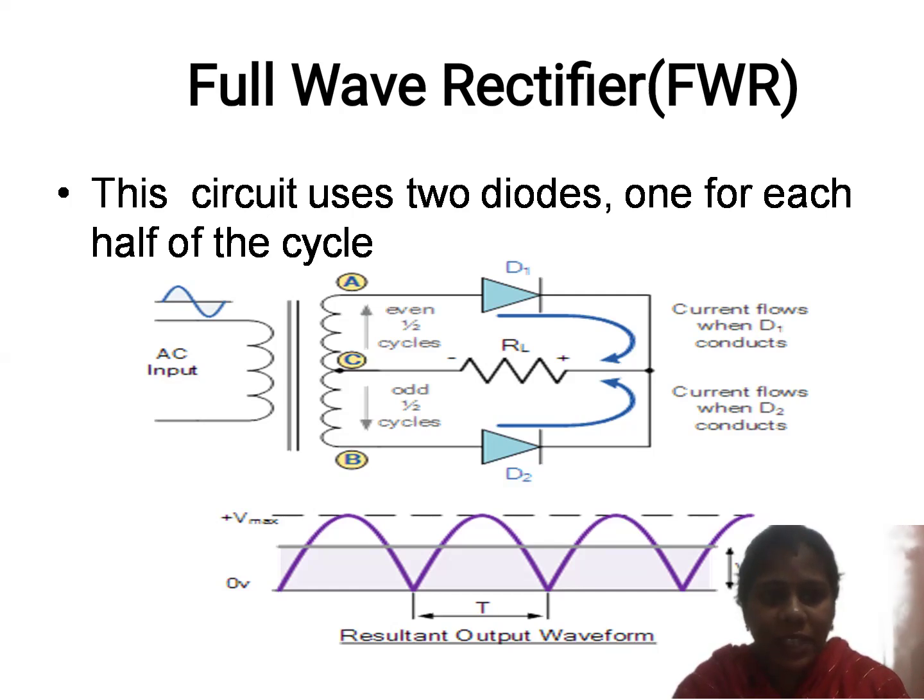During the positive cycle, the D1 anode terminal is supplied with the positive terminal and its cathode is connected to the resistor that is connected to ground. Diode D2's anode terminal is connected with negative polarity and its cathode terminal is connected to ground. So the potential at the anode of D1 is greater than at its cathode, and the potential at the anode of D2 is less than at its cathode.